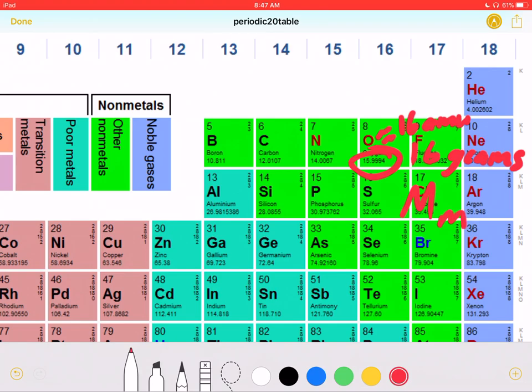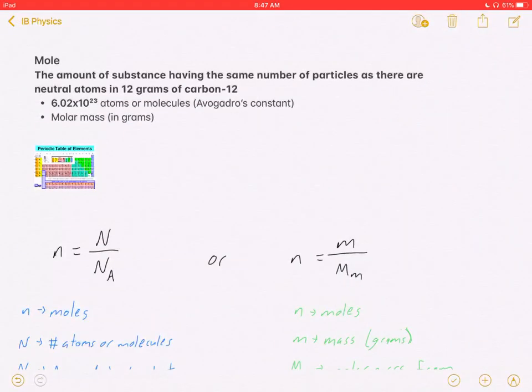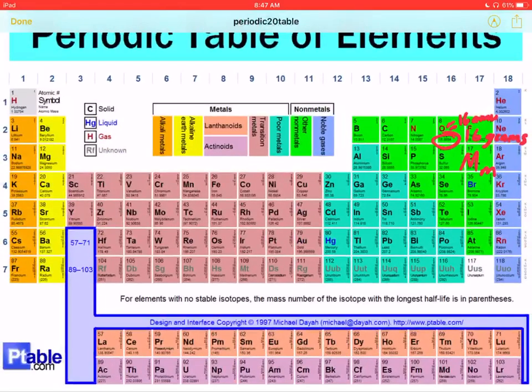In other words, if you get approximately 16 grams of oxygen, you'd have 6.02 times 10 to the 23rd, excuse me, number of oxygen atoms. And if you had O2, for example, you would need 32, 16 times 2, 32 grams to have the same number of molecules, 6.02 times 10 to the 23rd molecules of O2.